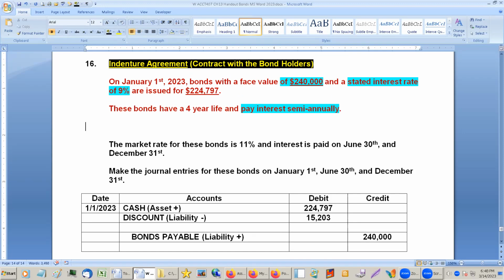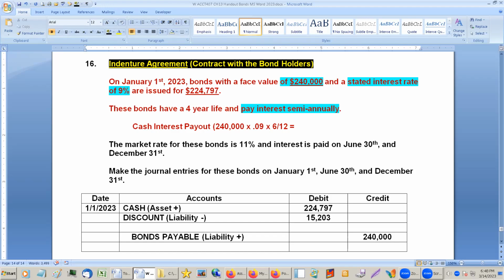Okay, so from here we'll have the cash interest payout. So by contract, we're gonna pay interest of 240,000. We're gonna pay 9%. And again, this is right in the contract. We have to do it. Oh, no, wait. One more. These are semi-annual, so you just divide by 2 if you want.